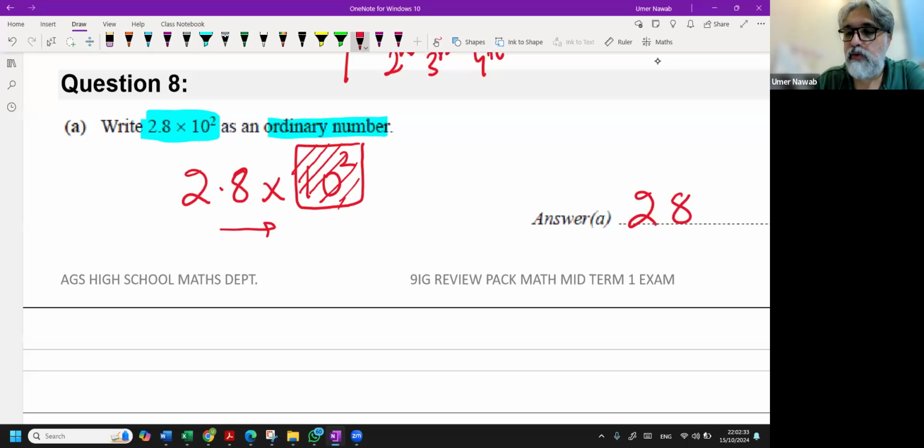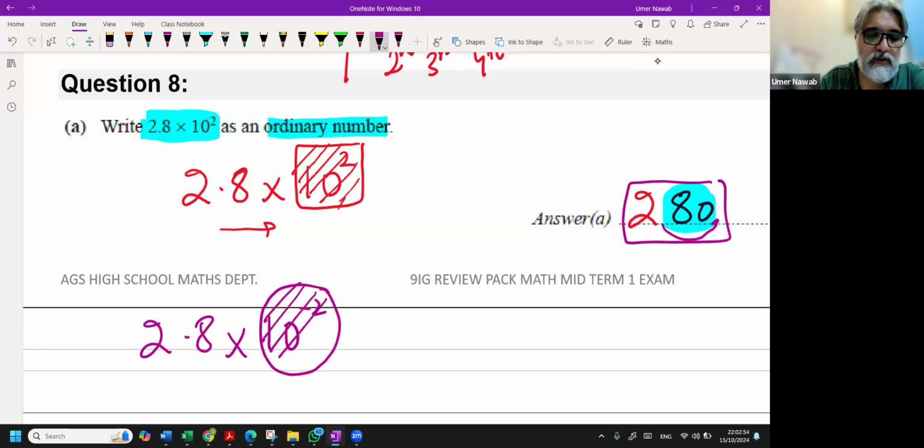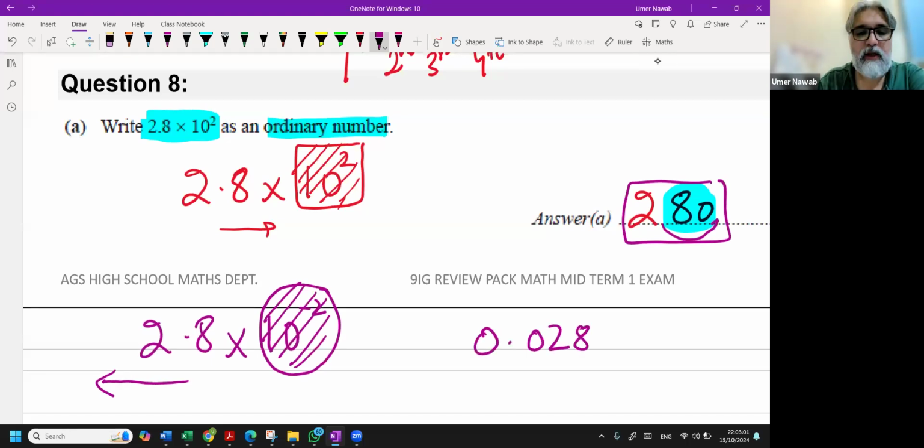So it becomes 280. The decimal shifted from here till here. So 280 is the ordinary form of 2.8 into 10 raised to power 2. If it was 2.8 into 10 raised to power minus 2, then consuming this 10 raised to power minus 2, I have to shift the decimal 2 digits to the left. So it becomes 0.028. I hope it is clear.